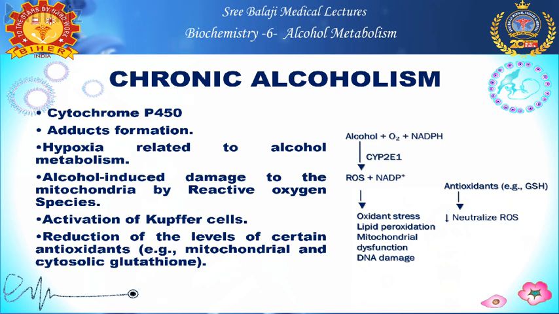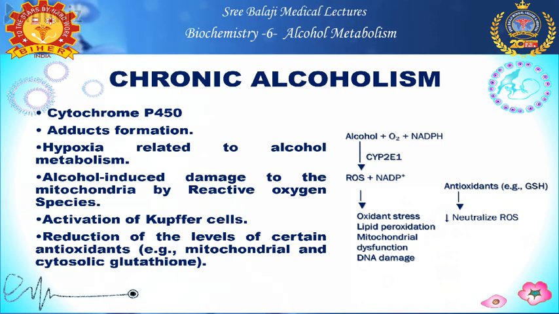Initially, that reactive oxygen species is neutralized by the antioxidants produced by the mitochondria and cytosolic glutathione. Later, the greater amount of reactive oxygen species will deplete the reserve of antioxidants. So more reactive oxygen species can be seen in chronic alcoholism that causes oxidative stress and lipid peroxidation, mitochondrial dysfunction and DNA damage.